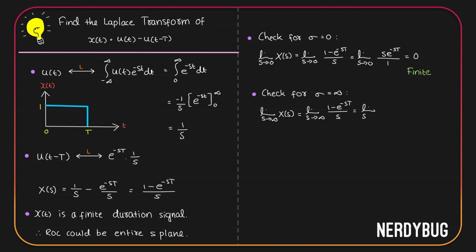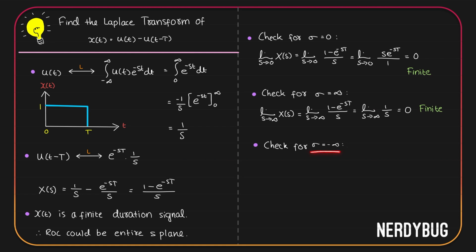So this is limit s tends to infinity of 1 by s. If you take 1 by s and s is a huge value, then 1 by s will tend to 0. So this is equal to 0. This is again a finite value, which means sigma equal to infinity is also included in the ROC.